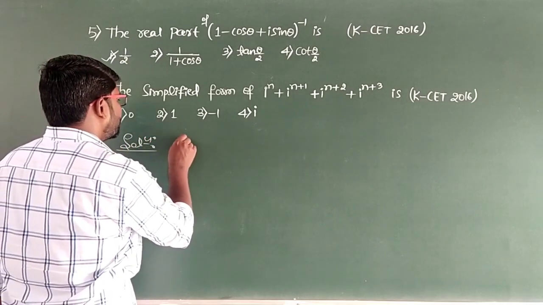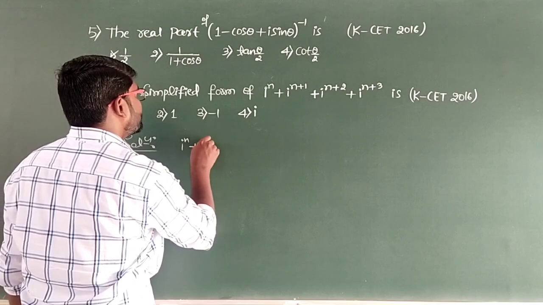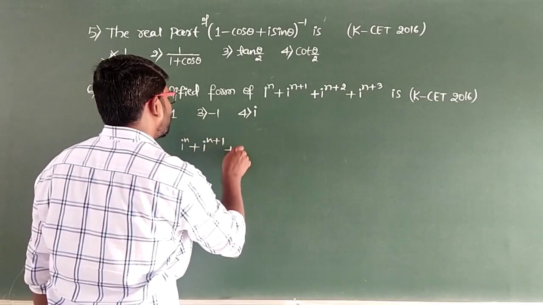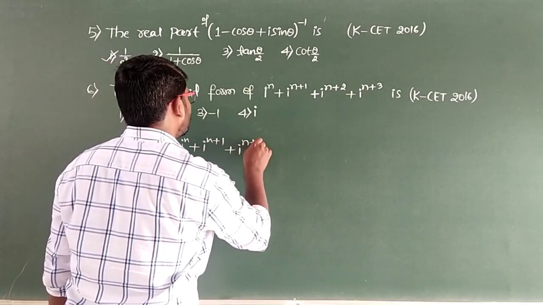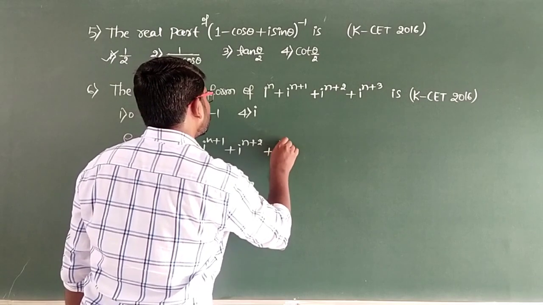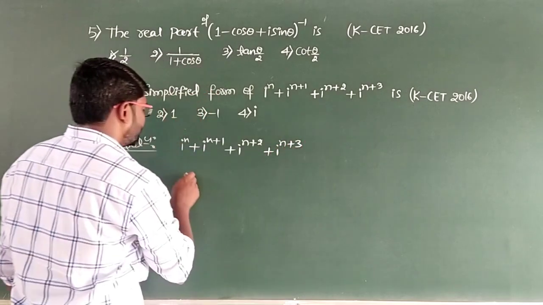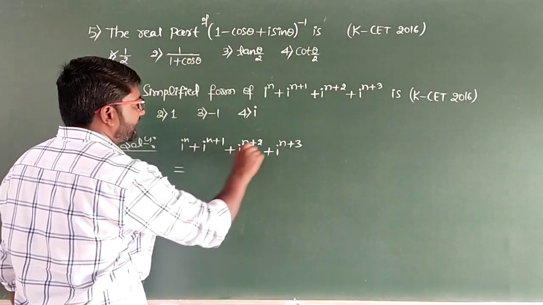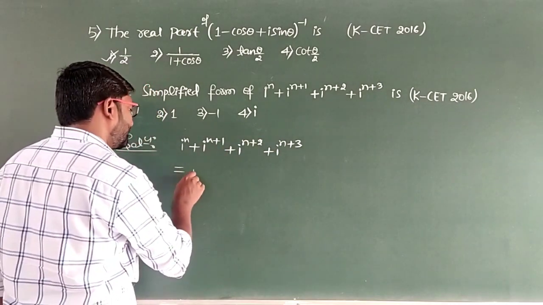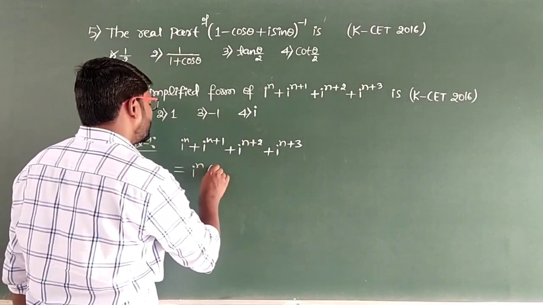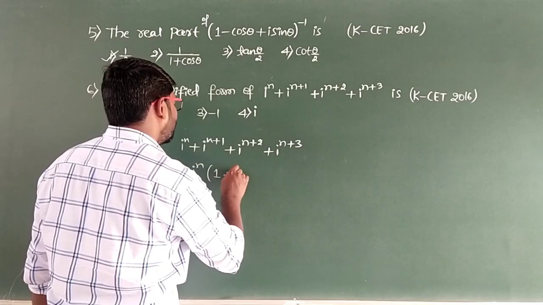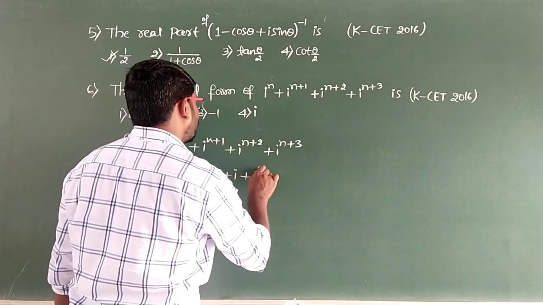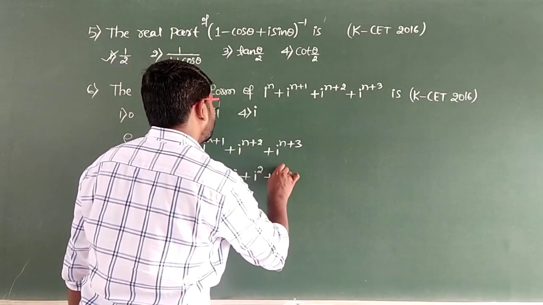i raised to n plus i raised to n plus 1 plus i raised to n plus 2 plus i raised to n plus 3. So now I can take i raised to n common here. Take out i to the power n, we get 1 plus i plus i square plus i cube.